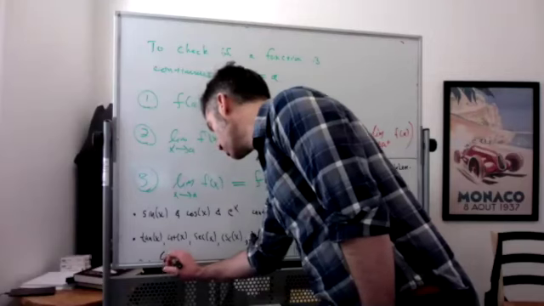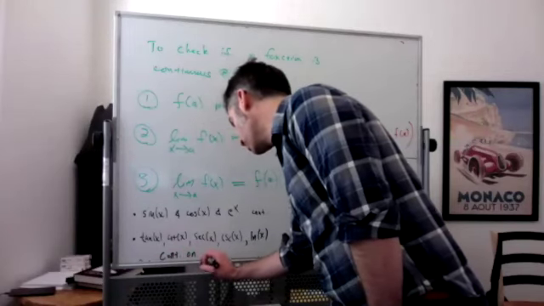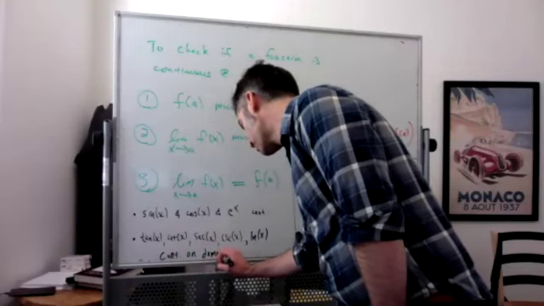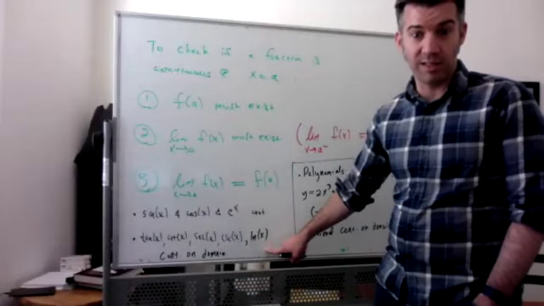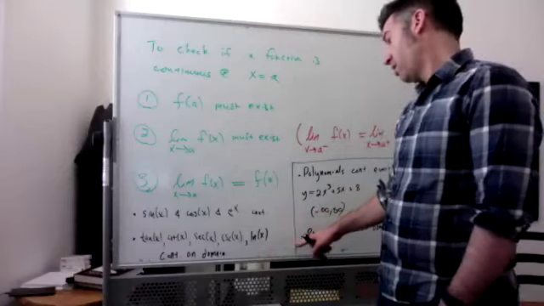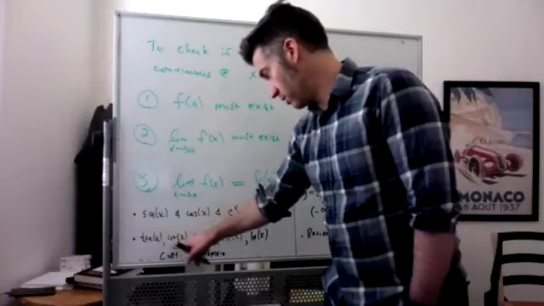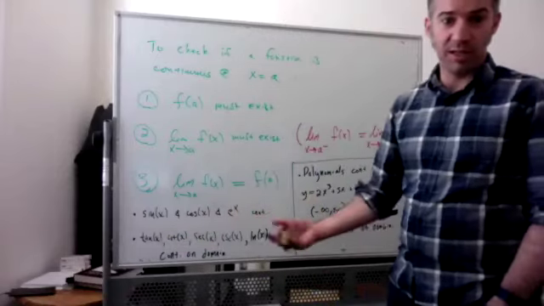So they're continuous on their domains. For natural log of x, it's continuous as long as x is positive. For the rest, they're continuous wherever they're defined.